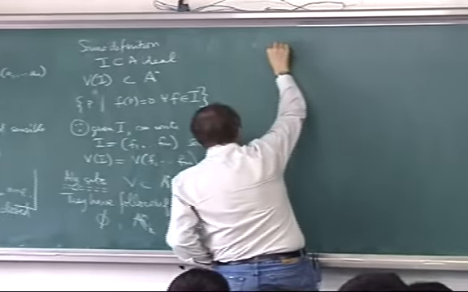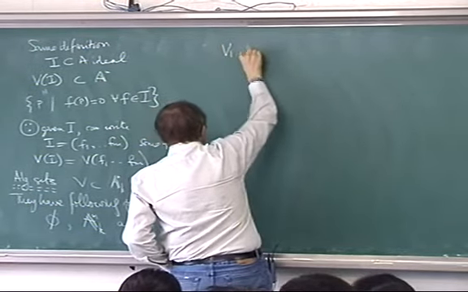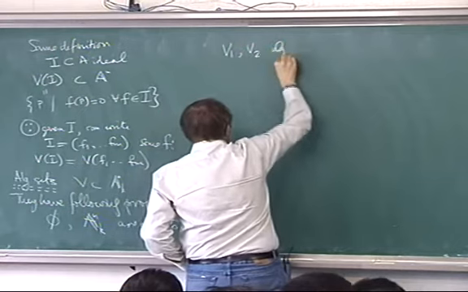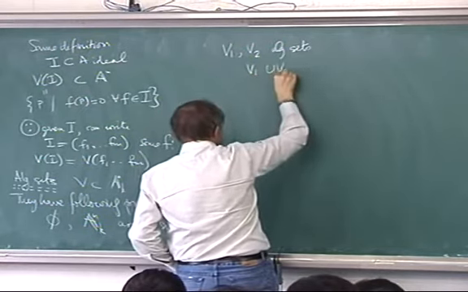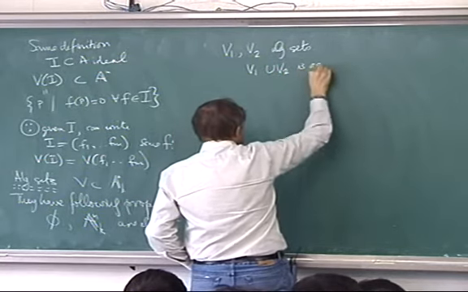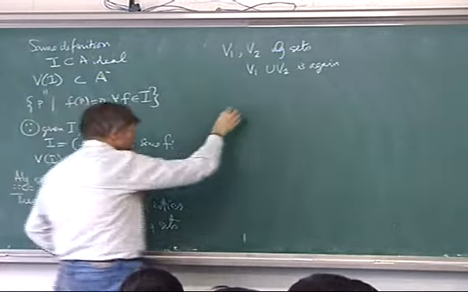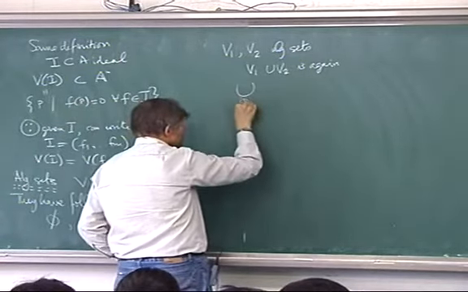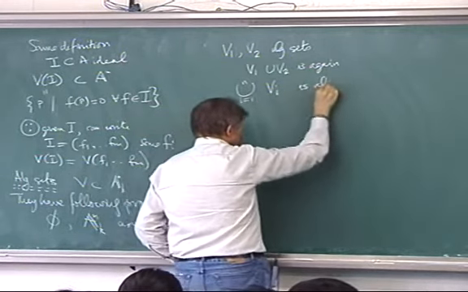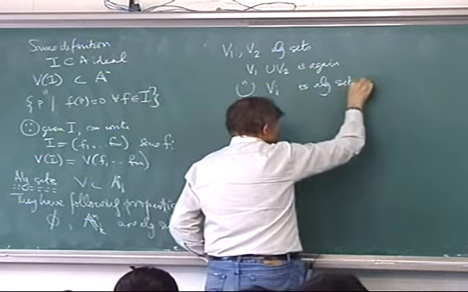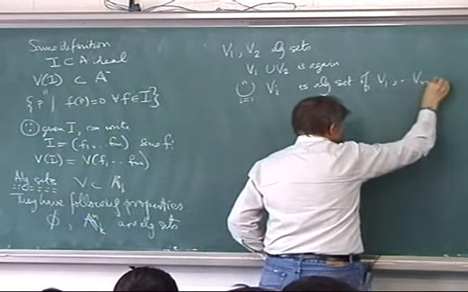So then I want this: if V1 and V2 are algebraic sets, then V1 union V2 is again an algebraic set. Or more generally, the union over i = 1 to n of Vi is an algebraic set if V1, ..., Vn are.